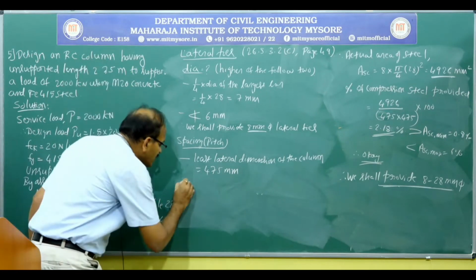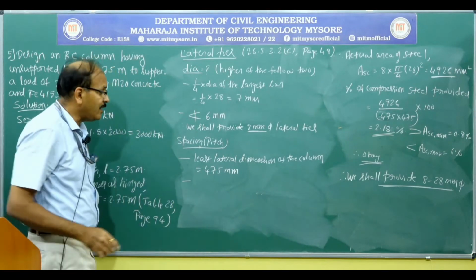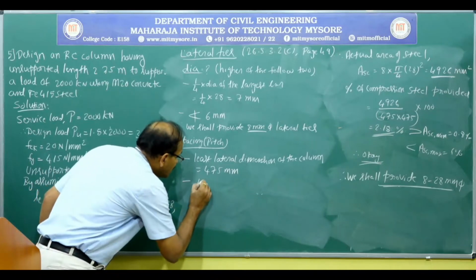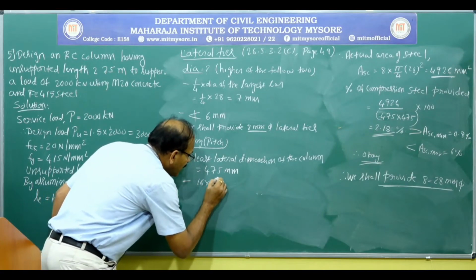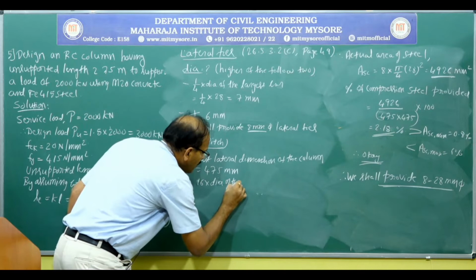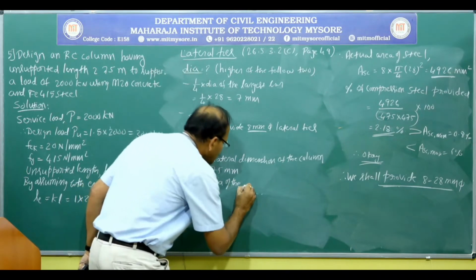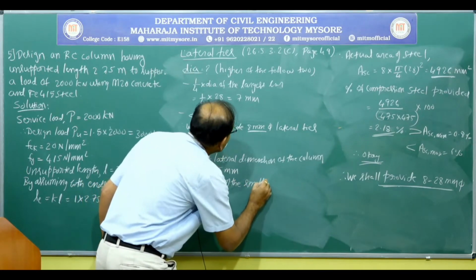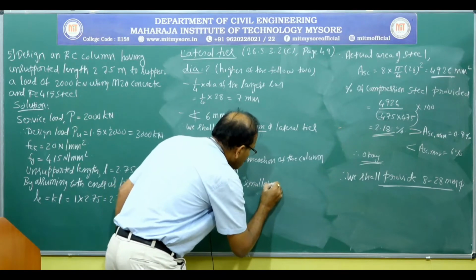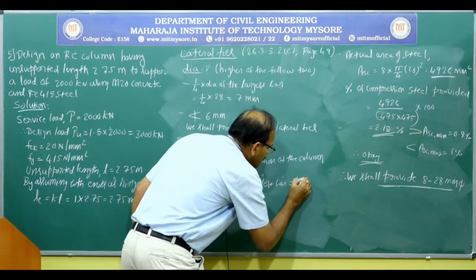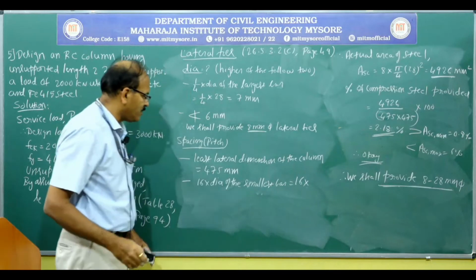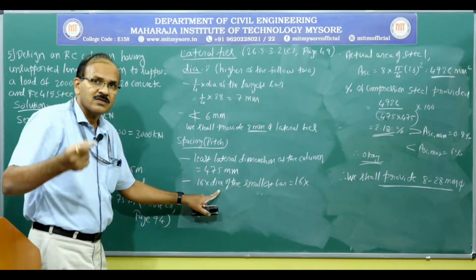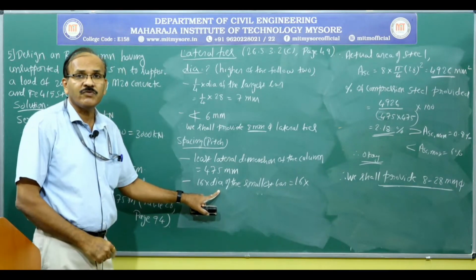And also the spacing should not be greater than 16 times the dia of the smallest bar. What is the smallest bar? Again, only 28 mm dia bars we have.